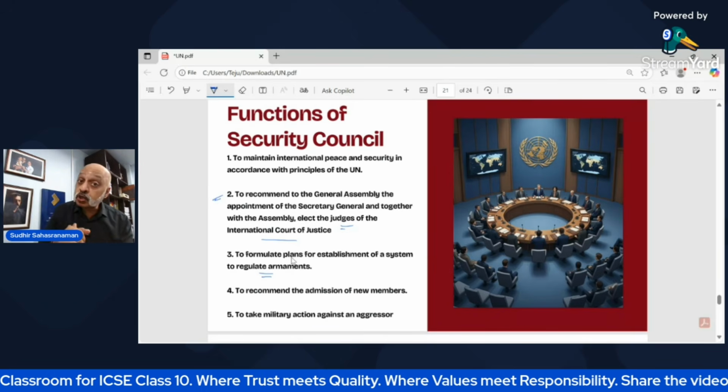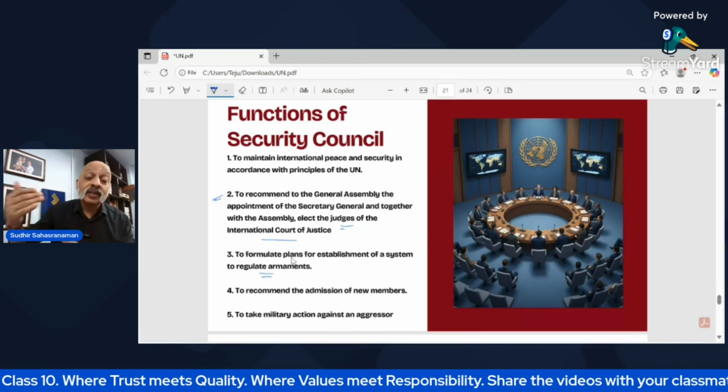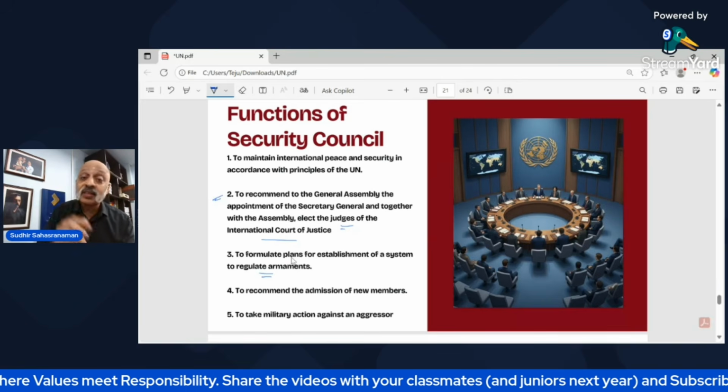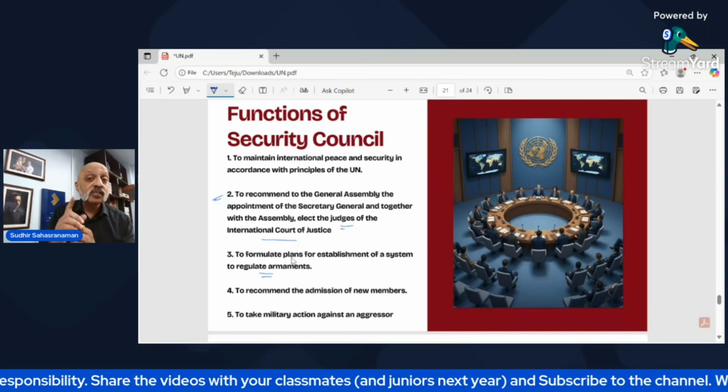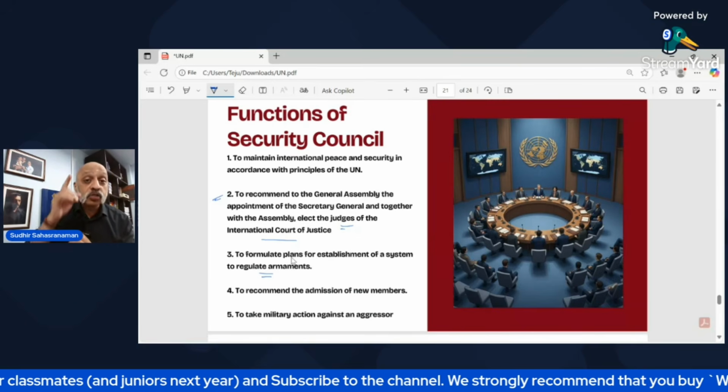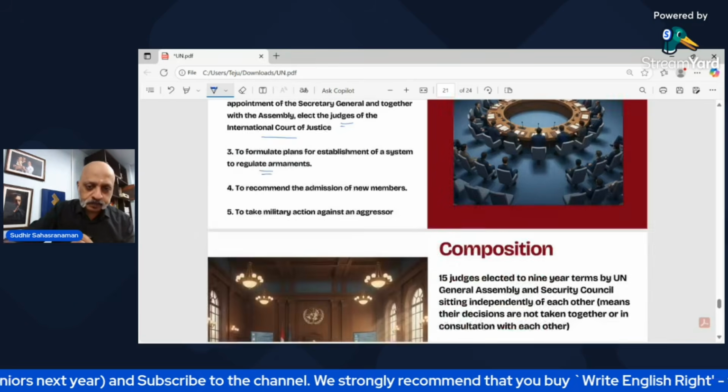To recommend the admission of new members, if any new country comes, whether it can be admitted to the United Nations. To take military action against an aggressor, even that the United Nations can do. So these are the 5 important functions of the Security Council that you must most definitely remember.